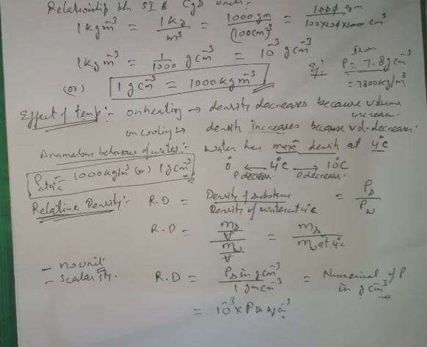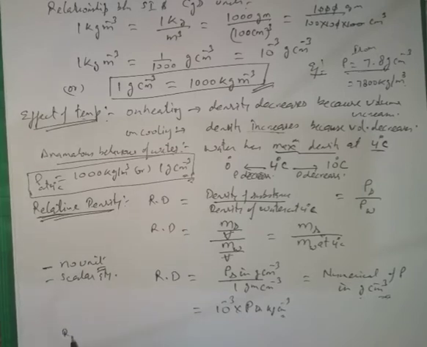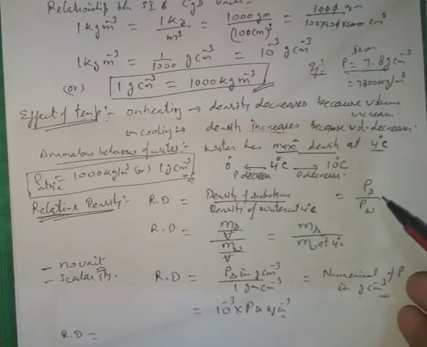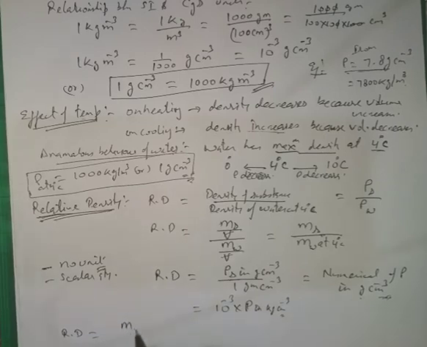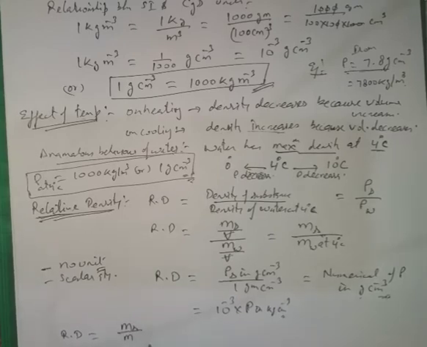Now, relative density can also be represented in terms of mass. For equal volumes, the ratio of the density of the substance to the density of water can be written in the form of mass, so it is the mass of the body over the mass of water displaced.